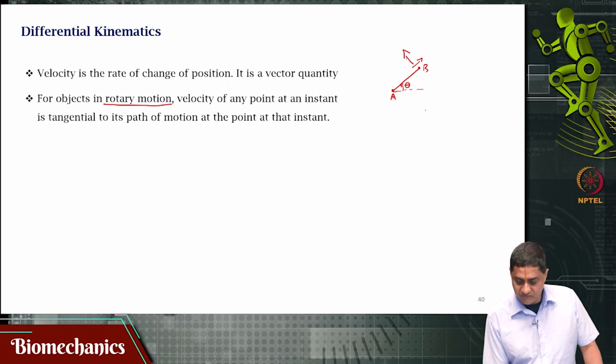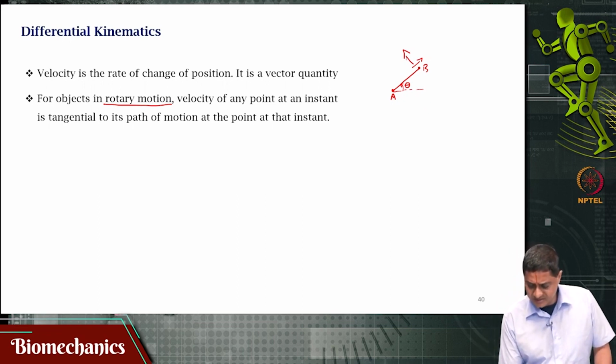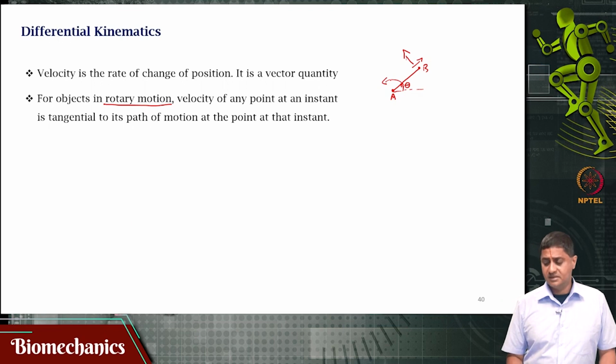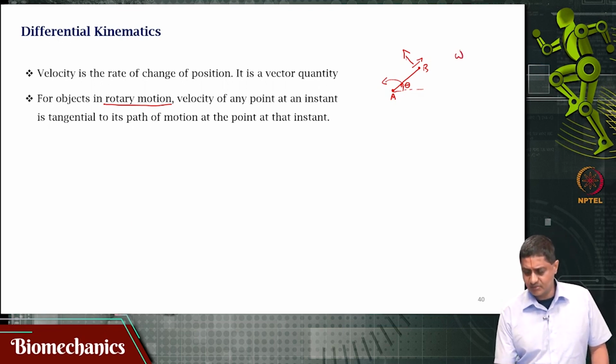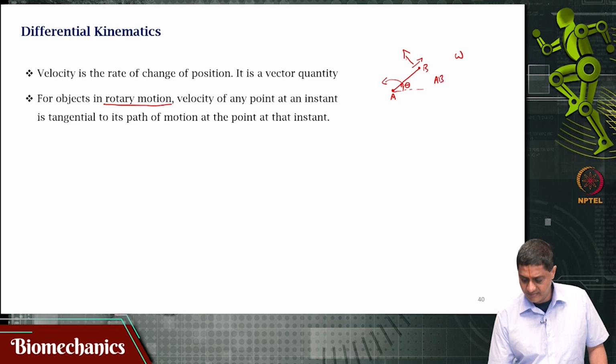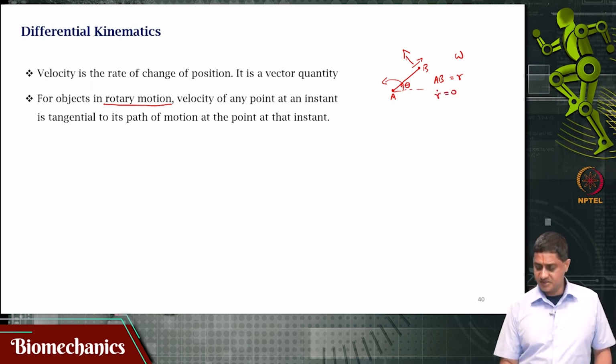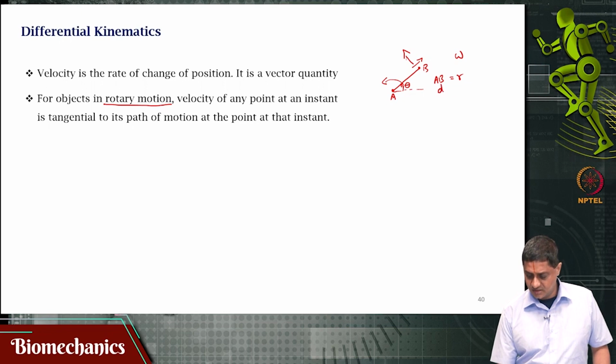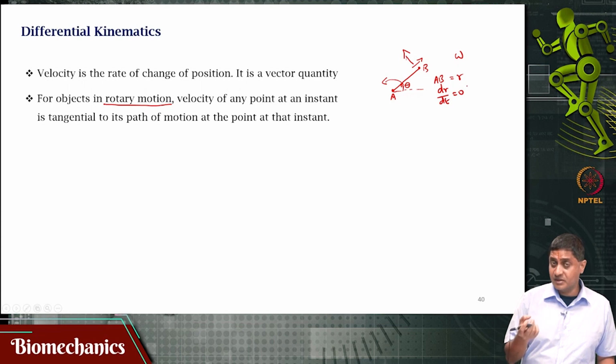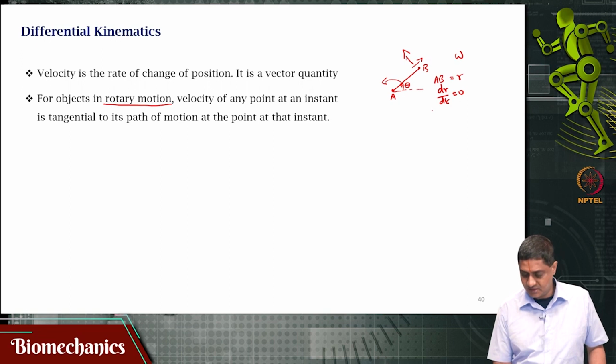It turns out that as this is rotating with some angular velocity omega, and let us call the distance AB as some r, because r dot is 0, that is, dr by dt is 0, the distance AB does not change as a function of time, that is what this means, right.